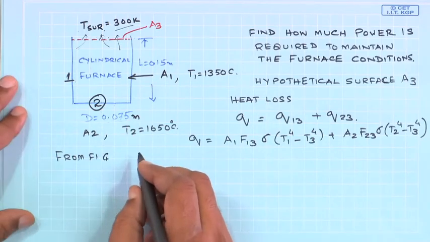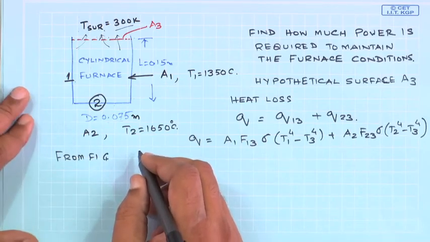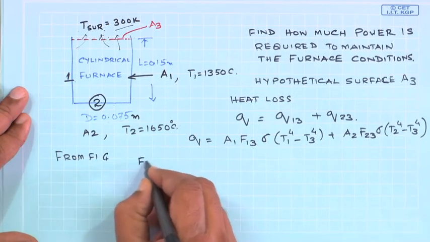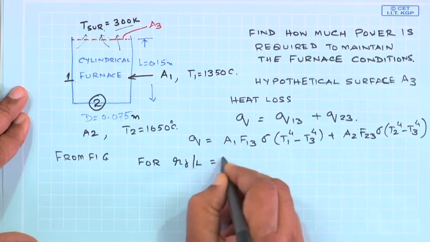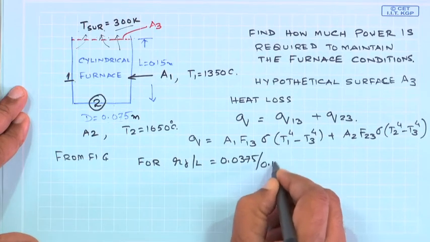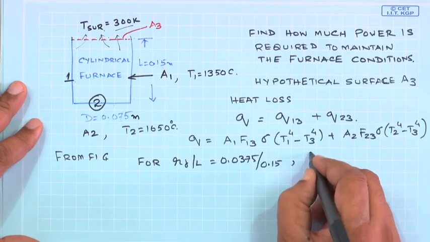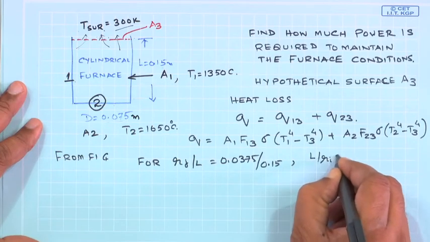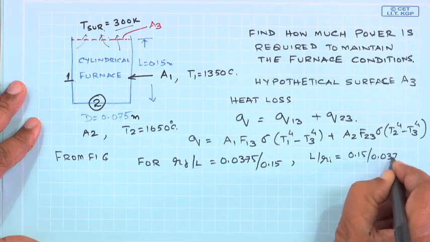So, you should be able to obtain using the figure for Rj by L to be equal to 0.0375 by 0.15 over here, and L by Ri to be equal to 0.15 by 0.0375.